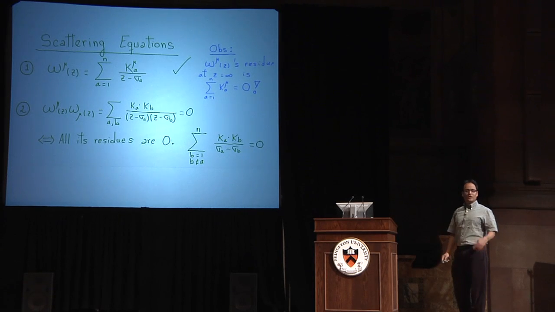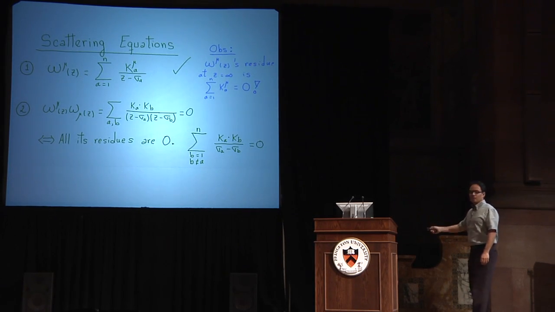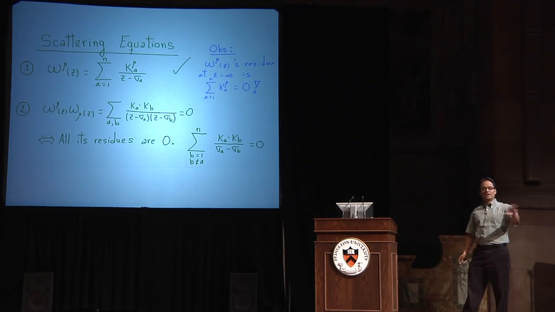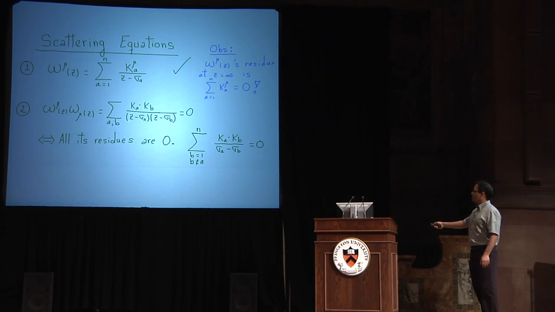Now, the quadratic differential vanishing means that this rational function has to vanish. This is a rational function that vanishes at infinity, and therefore, if we can show that it has no poles anywhere, we are done. The residue of this at some particular location of the poles, say at sigma_A, is very easy to calculate, and it gives this formula here.